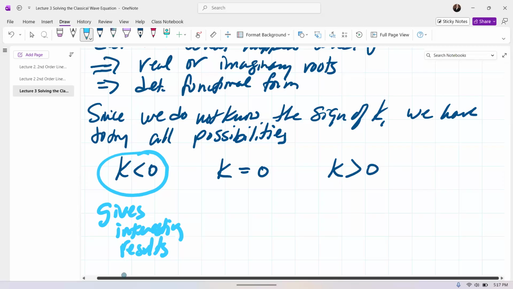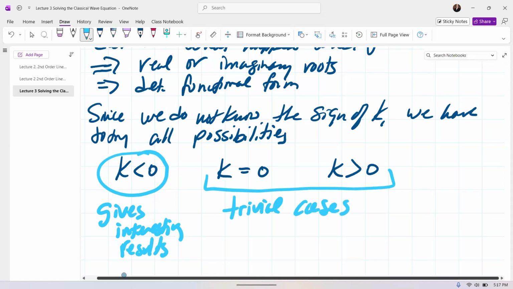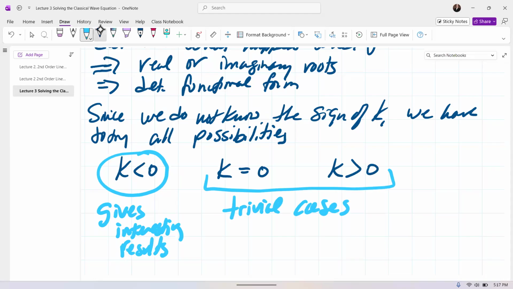I've already solved them, and these two turn out to be trivial cases. That is why we are going to take a look at k less than 0 today, because that is the one that actually gives interesting results. How did I know it? Because I already solved them all. All right.